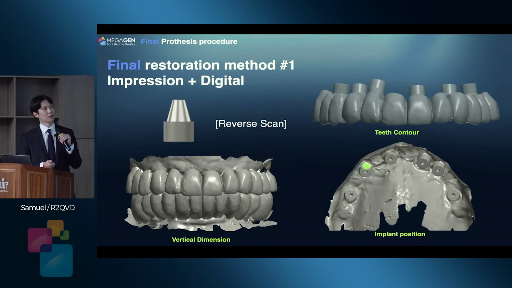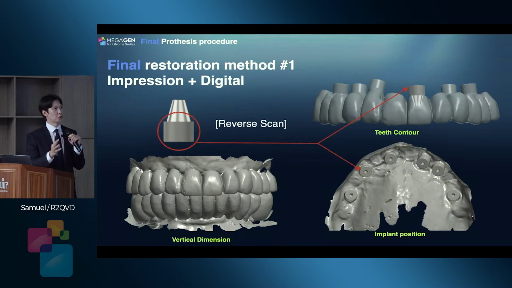Also, we screw-tighten the reverse scan body, and we merge all this together. That means occlusion, temporary crown, contour, everything we can merge all together. Then we just design the final delivery like this.